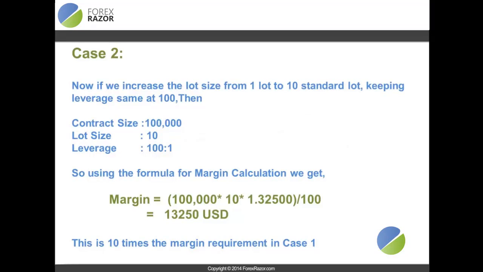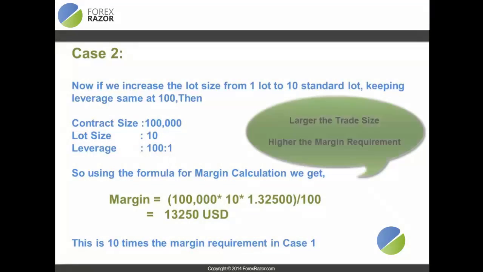Using the same formula, we get that margin comes out to be 13,250 US dollars, which is 10 times the margin requirement as in case 1. Hence, by increasing the size of your trade position, you have increased the margin requirement. Therefore, margin is directly proportional to the lot size traded. Larger the trade size, higher would be the margin requirement.